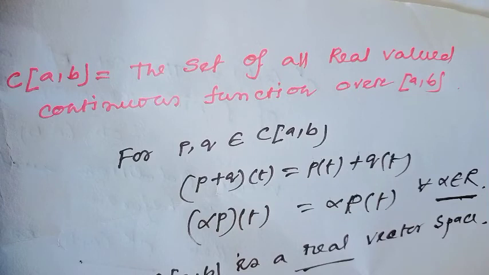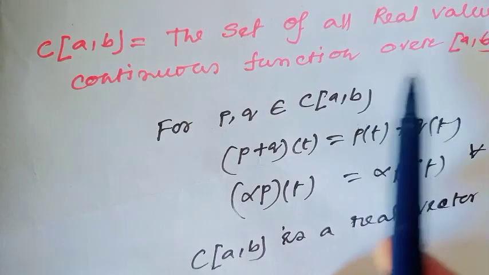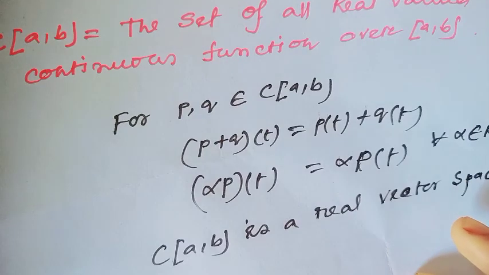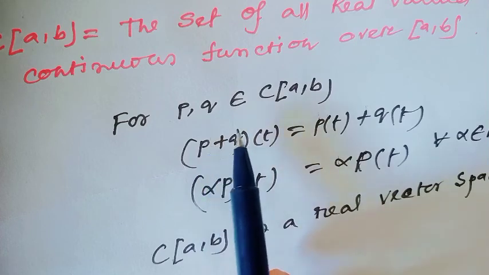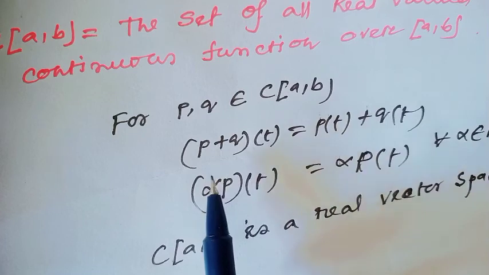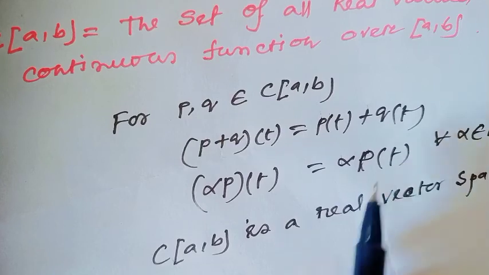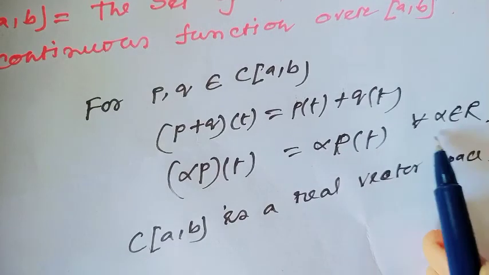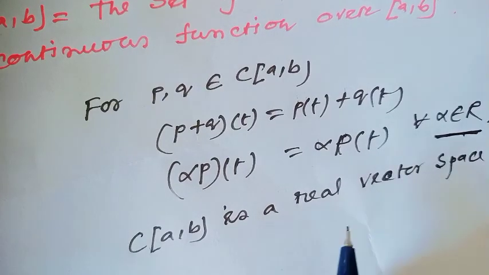Our next example, consider C[a,b], which is defined as the set of all real valued continuous functions over the closed interval [a,b]. This is obviously a vector space, because if you consider two continuous functions P and Q belonging to C[a,b], then define (P plus Q)(t) equal to P(t) plus Q(t) and (alpha P)(t) equal to alpha times P(t), for all alpha belonging to R. This is obviously a vector space, and this is a real vector space.